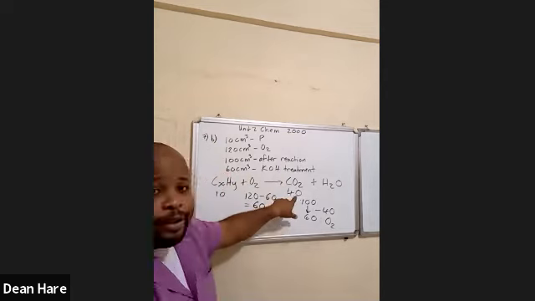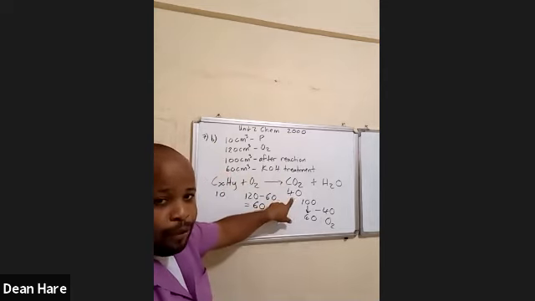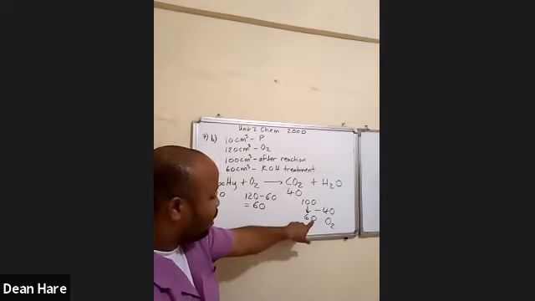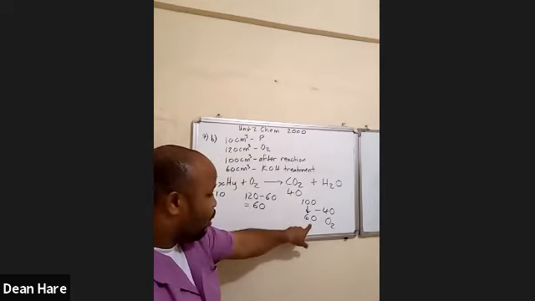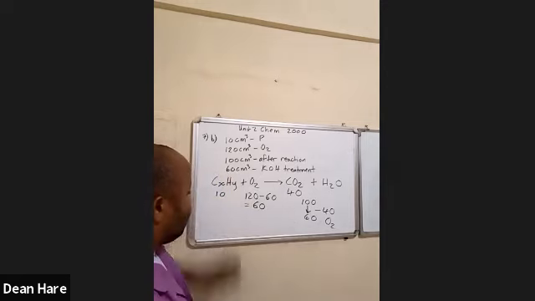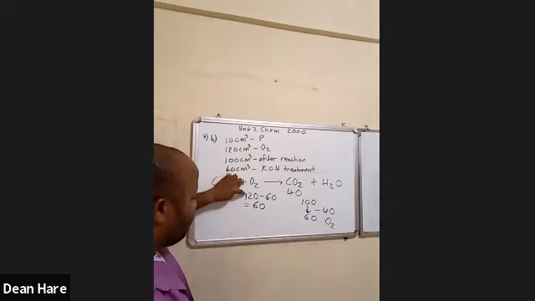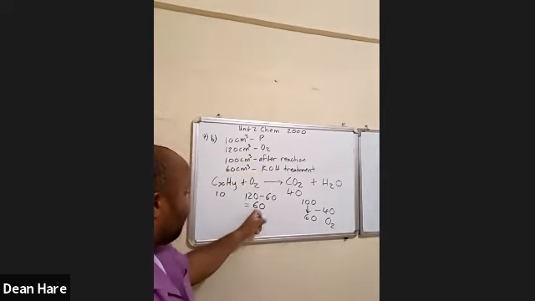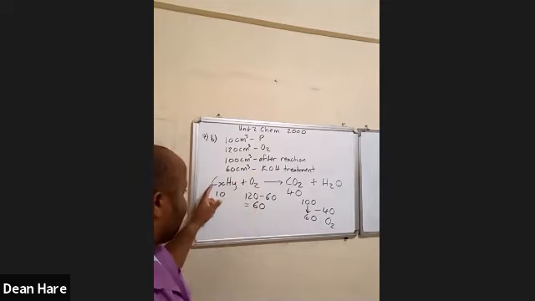So we get 40 cm cube of CO2, and 60 cm cube of oxygen did not react with the hydrocarbon.